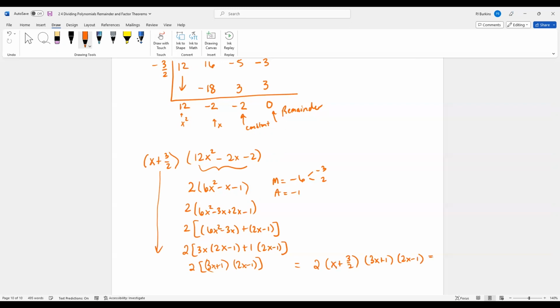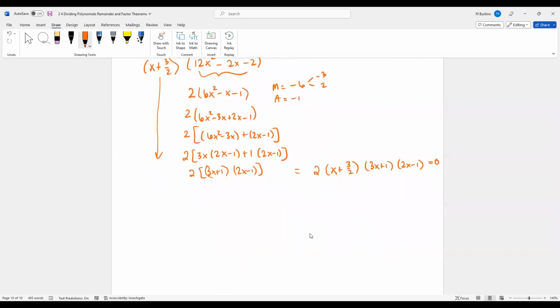Now, if we recall that this is all equal to 0, we can actually solve for the remaining roots. The 2 doesn't matter out here. If we just divide by 2, it disappears. Then this one already told us that this was -3/2. This here, we solve that one, we get x equals -1/3. Solving this one, we get x equals 1/2.